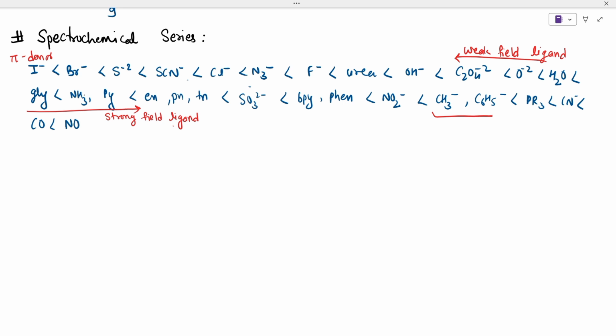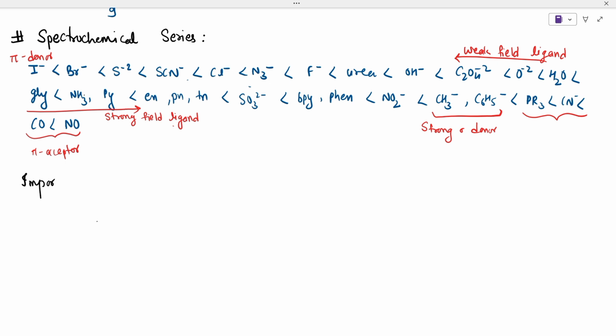Here CH3 minus and C6H5 minus are strong sigma donors. And after that PR3, CN minus, CO and NO are strong pi acceptor ligands. So this is the spectrochemical series. Based on this, we will decide weak field and strong field ligands.